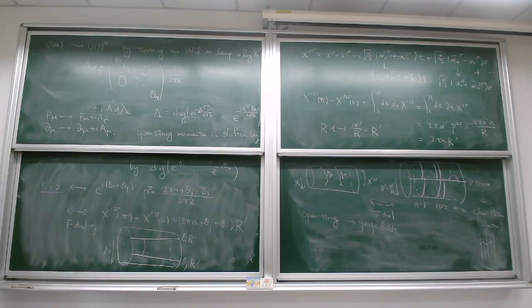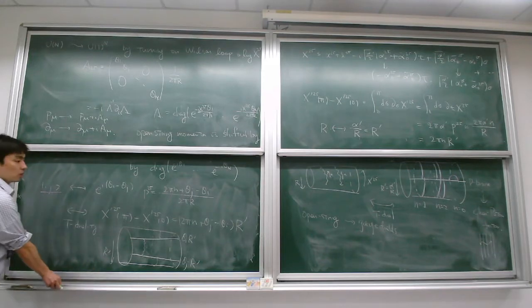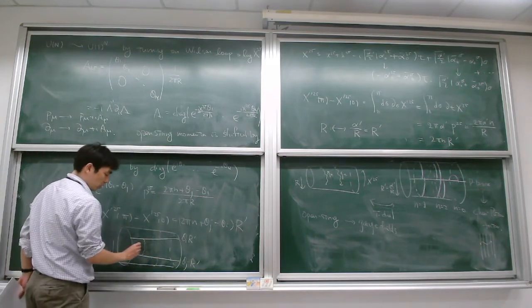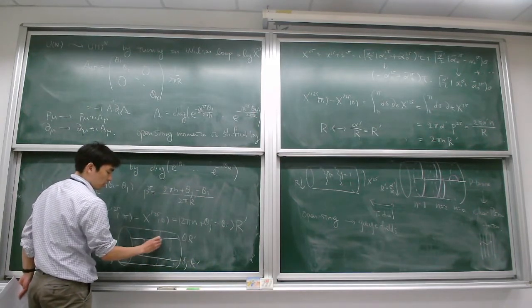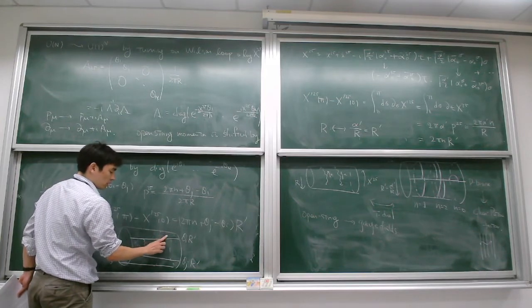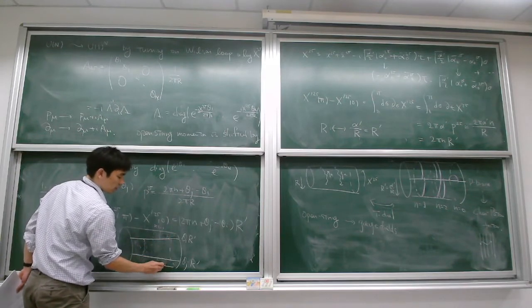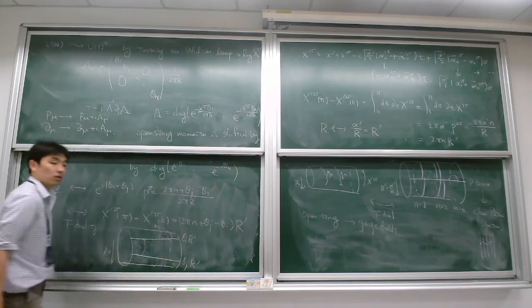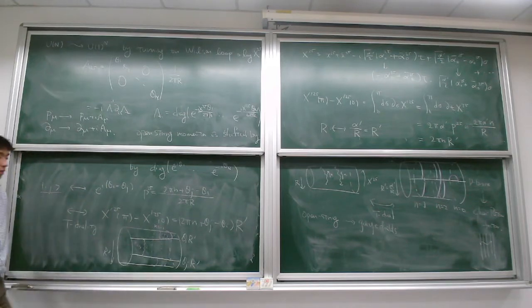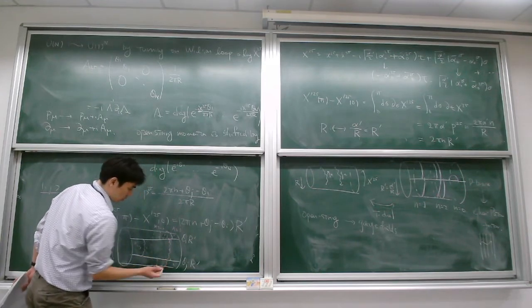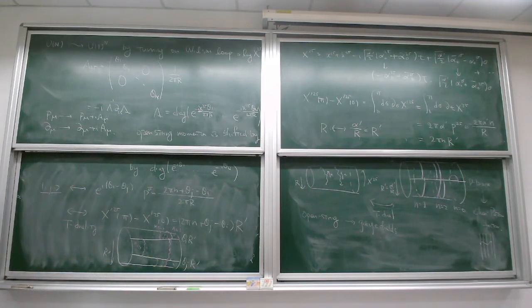So now, as you can easily see, the difference between them: this is n equal to 0, this is n equal to -1, and maybe you can have something like this. So this is n equal to 1. Like this way. So that's the condition.